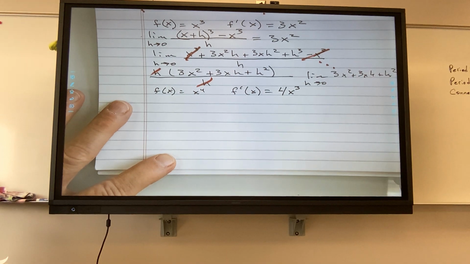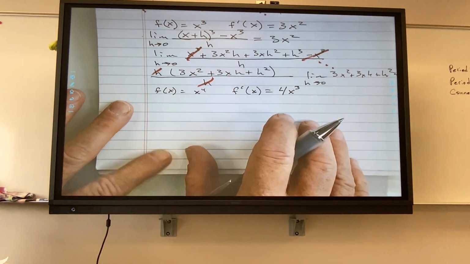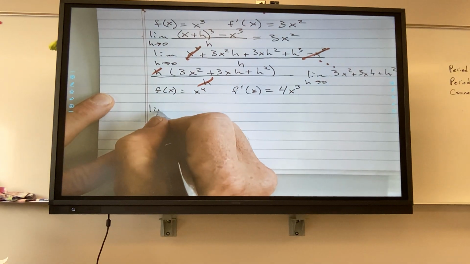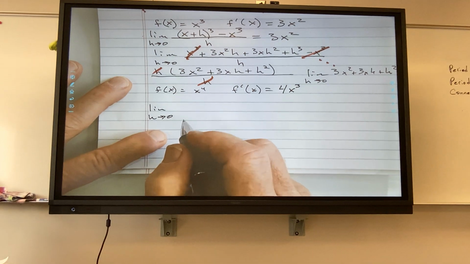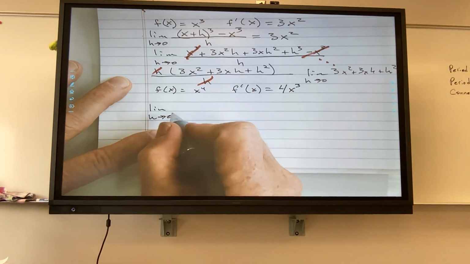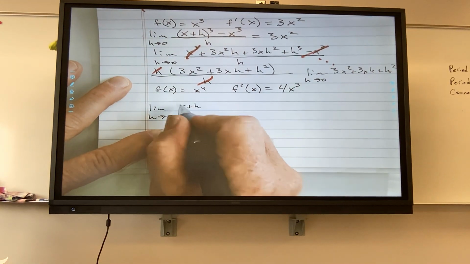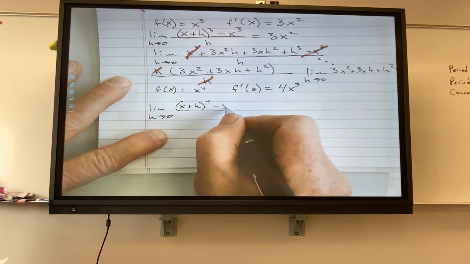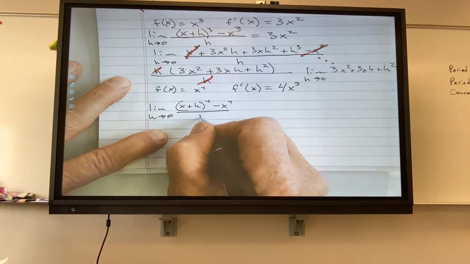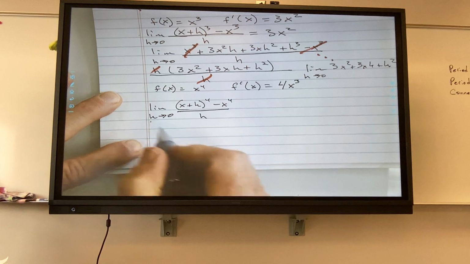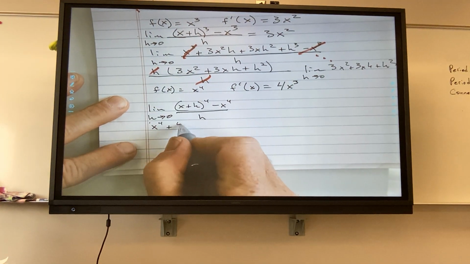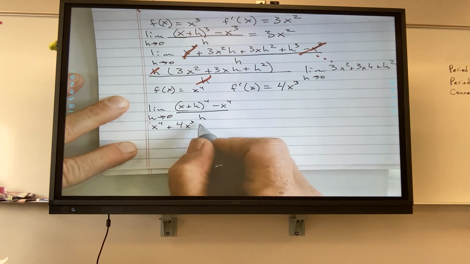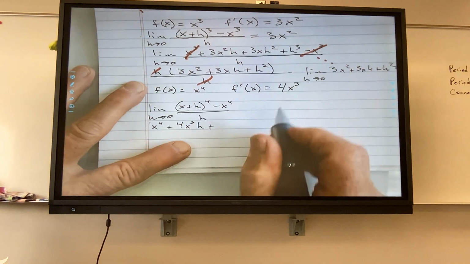I'm going to do the limit just to show you how painful it is. Okay? So I've got the limit as h goes to 0. Now remember, I had to do 150 of these. (x plus h) to the fourth minus x to the fourth over h. And I know how to expand that.